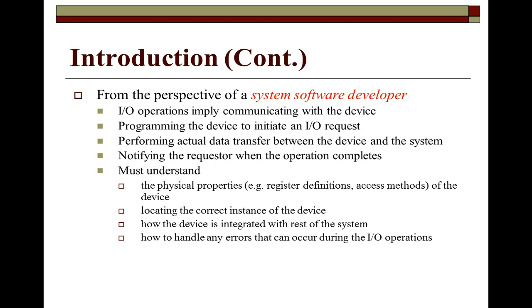Some things must be understood while defining all these things. First is the physical properties. For physical properties, we need to know, for example, the register definition and the access method of the device. Whenever you connect a cell phone to a laptop or PC, what should you know?